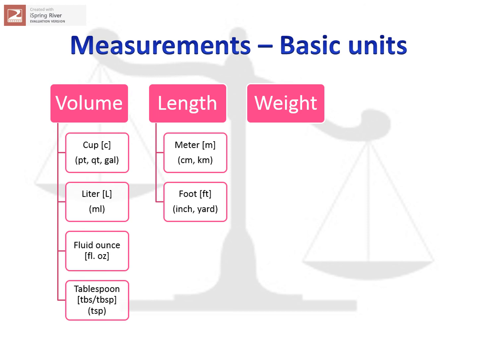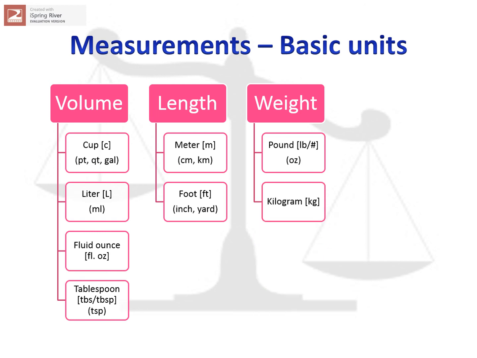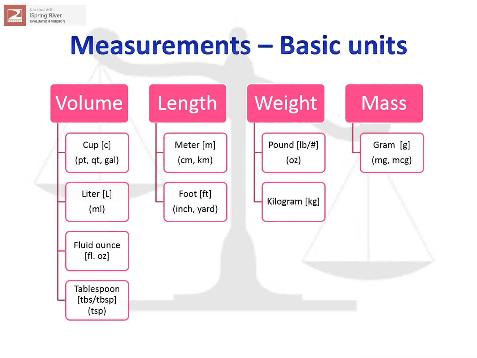To determine weight, how much something weighs, you want to use a pound, similarly ounces, or a kilogram. Mass is similar to weight. It's used for dry measurements, and you want to use gram, milligram, microgram, or grain.